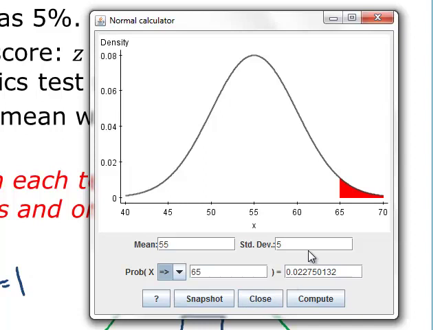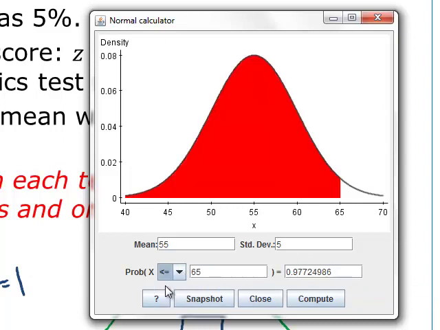So you can see here that there were only roughly 2% of the scores that were higher than Bob's. So you could say that Bob is in the top 3 percentile. You could look at that using the other inequality sign and say that Bob's test score is higher than 97% of the rest of the class, close to the 98th percentile.